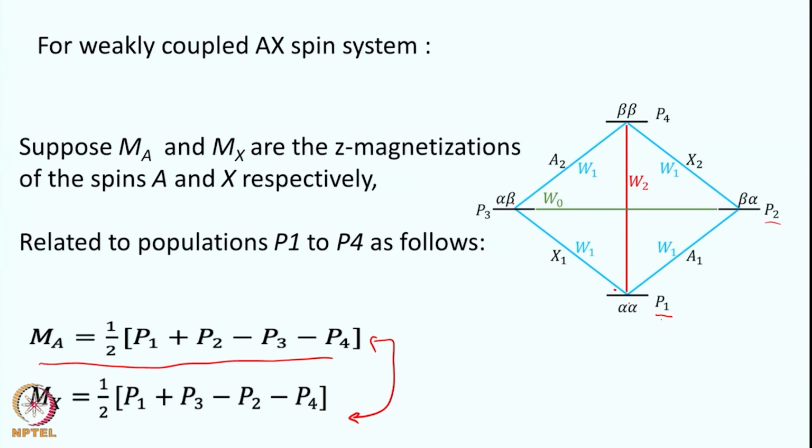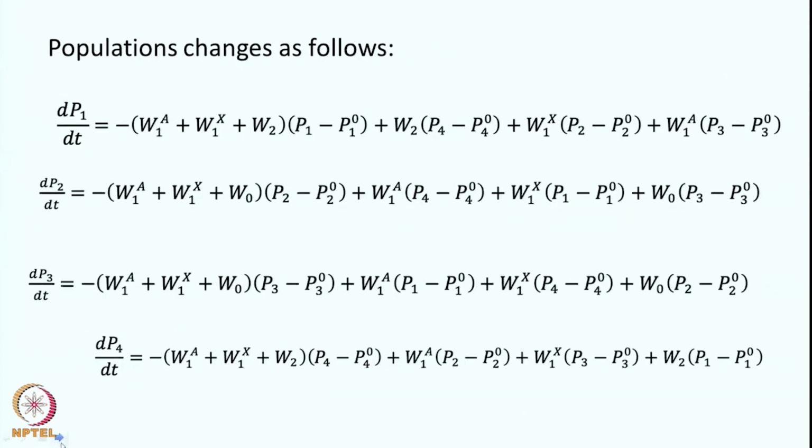So, if we put that in the master equation for this 2 spin system, one can write dP1, that is the change of population of state 1, will be given by the transition probability of A spin, the single quantum transition, plus the single quantum transition of the X spin plus the double quantum transition, and this is the population difference at any time t with P10, that is the equilibrium population.